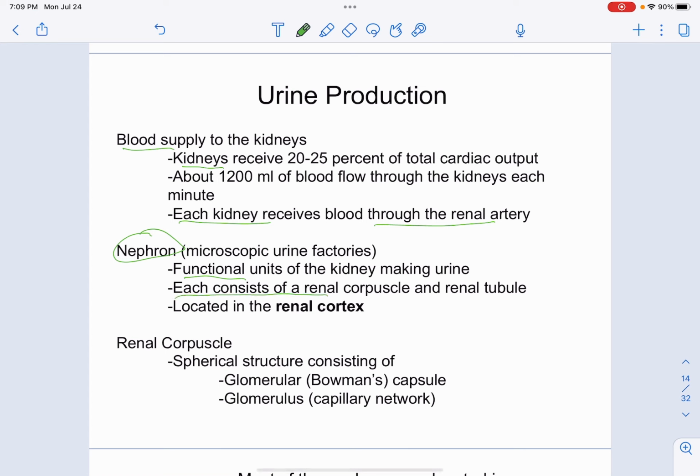Each consists, so we're going to talk about the entire structure of the nephron if you're not familiar of it. It consists of a renal corpuscle and a renal tubule. And we're going to break all of this down. But right now, the most important part to realize is that the nephron is located in the renal cortex, only in the renal cortex.